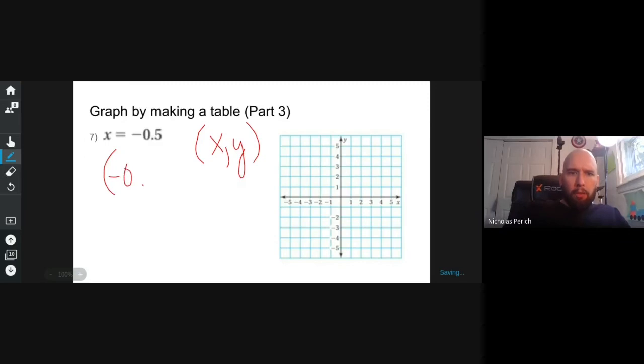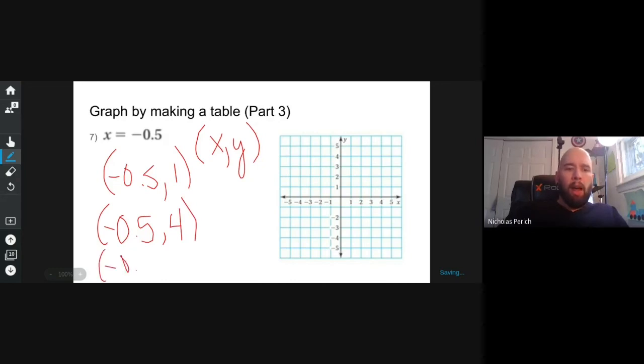So if I have negative 0.5 and I decide that y is going to be 1, fine. If I have negative 0.5 and I decide that y is going to be 4, fine. If I have negative 0.5 and I decide that y is going to be negative 2, fine.